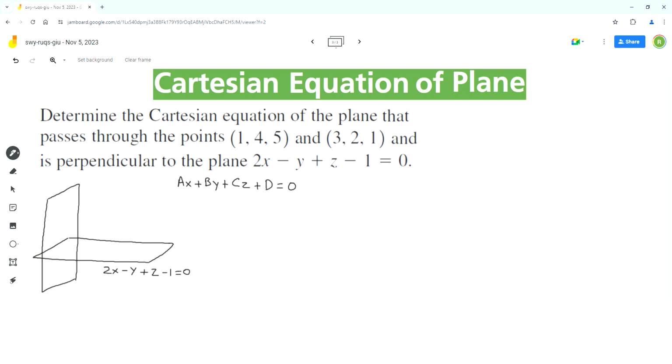They are also the components of the normal vector for this plane. For the given plane 2x - y + z - 1 = 0, the normal vector is (2, -1, 1).